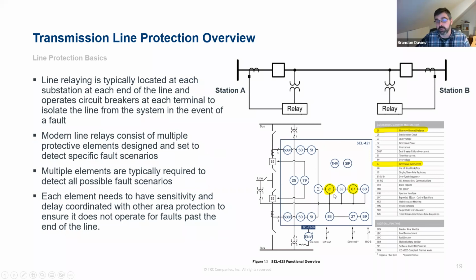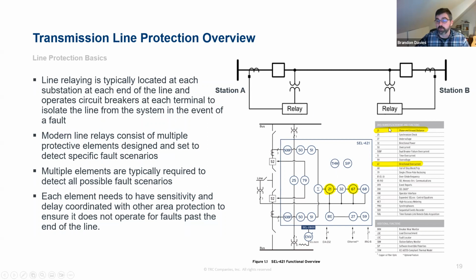And generally, on transmission lines, we're going to be looking at distance relaying, which uses impedance as an operate quantity. And we're going to be looking at directional ground overcurrent protection as well. So we'd be monitoring impedance and current as methods of telling if there's a fault or not a fault, and we would be using relay logic to then close contacts and operate the breakers to clear the fault.